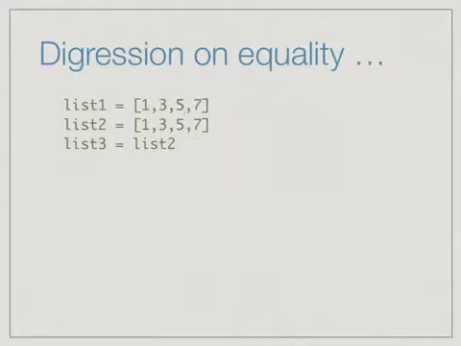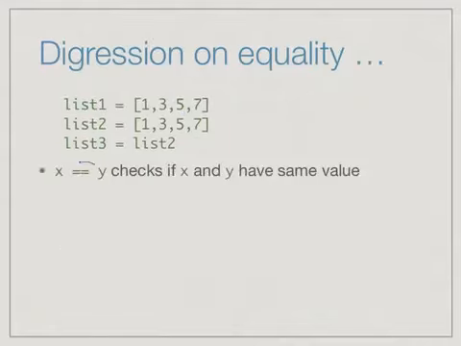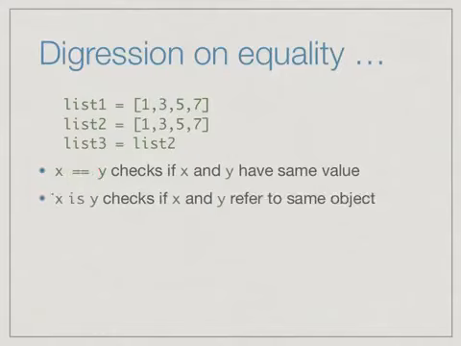So Python has, as we saw, this operation equal to, which is the equivalent of the mathematical equality, which checks if x and y as names have the same value. So this will capture the fact that list1 is equal to list2, even though they are two different lists, they happen to have the same value. So to look at the second type of equality, that list3 and list2 are actually the same physical list in the memory, we have another keyword in Python called is.